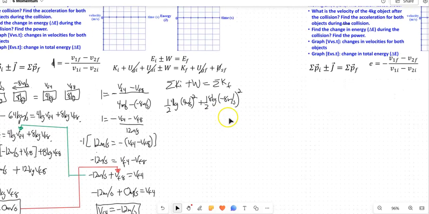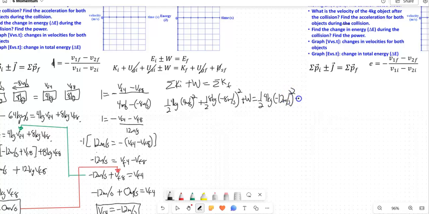Plus work, which is going to be equal to the final kinetic energy for the 4 kilogram block, which is 1/2 times 4 kilograms times negative 12 meters per second squared, plus 1/2 times the 8 kilogram block's final kinetic energy, which is just 0 meters per second squared.